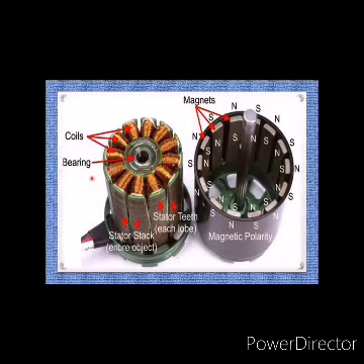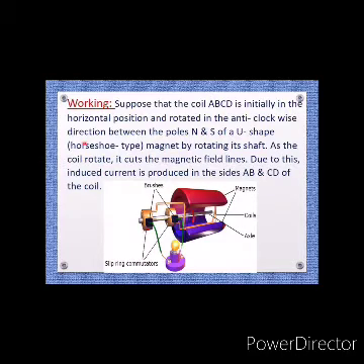So here we have a picture of how the commercially available generator looks. Here we have the magnets, then the coils and the ball bearings. Now let us know about the working of an electric generator, that too the AC generator.